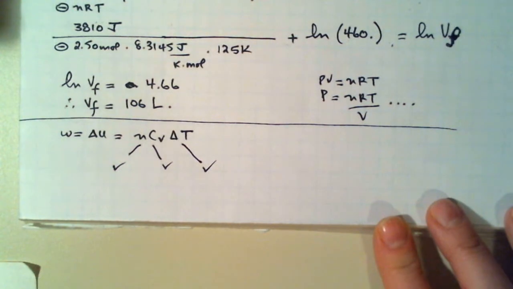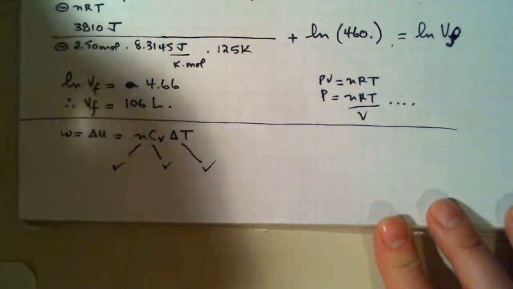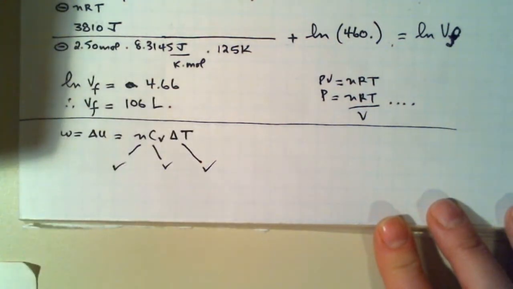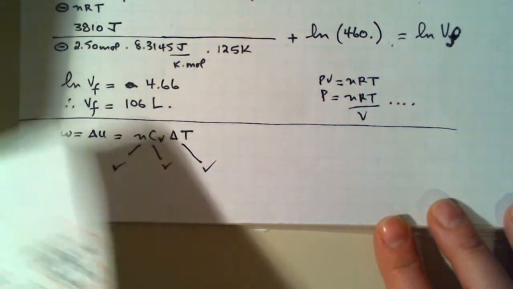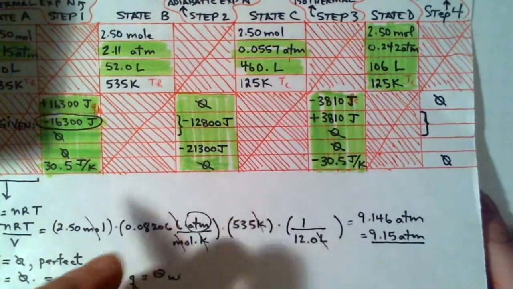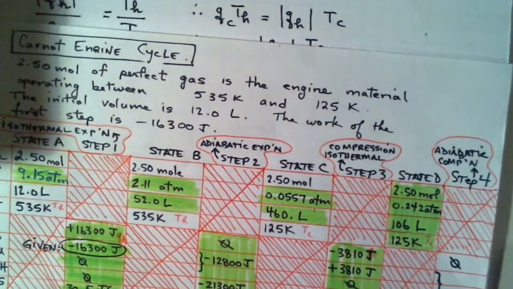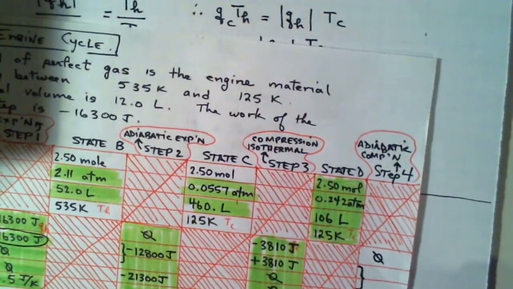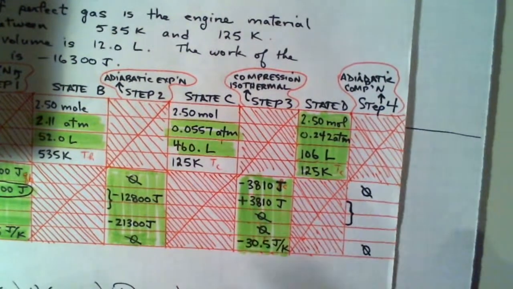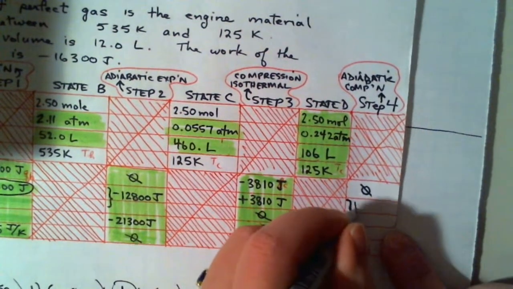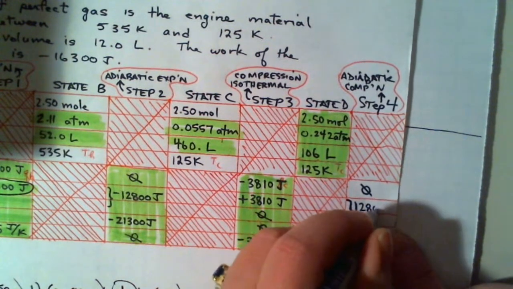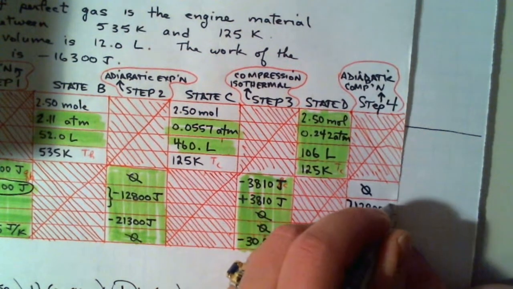I've done that on another sheet of paper here. And I have, for a value, I'm checking my other ones here at the same time. We had 12.8 kilojoules, but I've been writing joules the whole time. So 12800. And that is positive, it's a compression. 12800 joules.